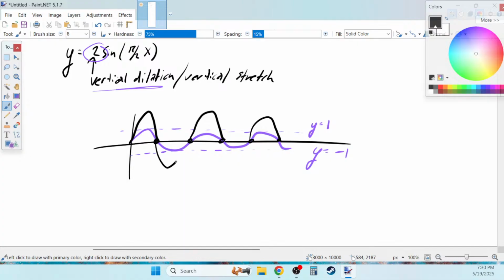And all of the depths that we reach will be twice as deep. So this, because it's a number bigger than 1, is going to make the graph taller by a factor of that number. We're going to multiply the height by that.